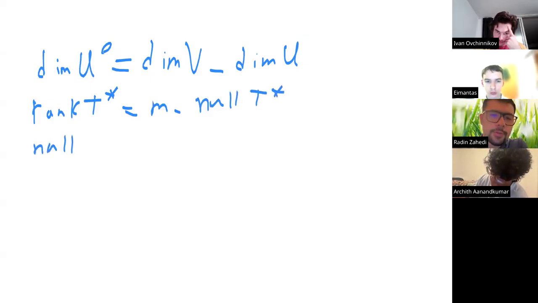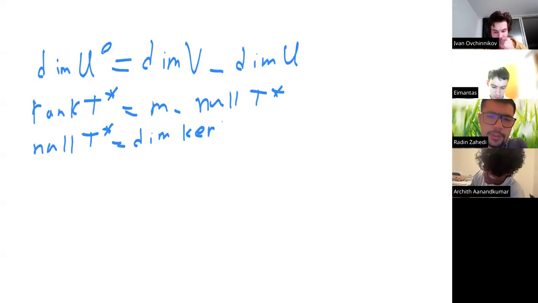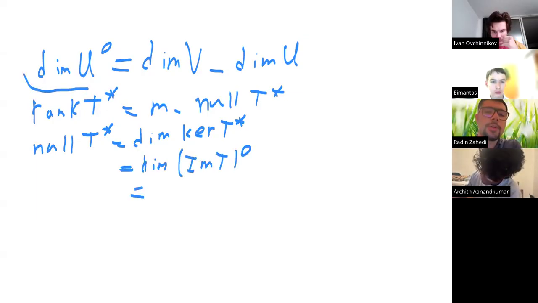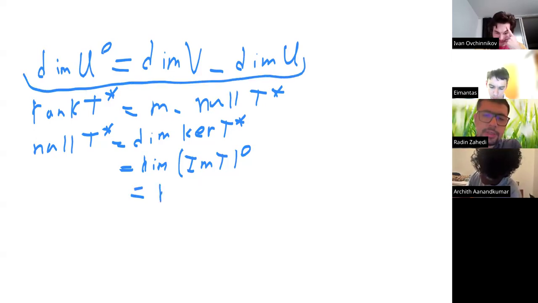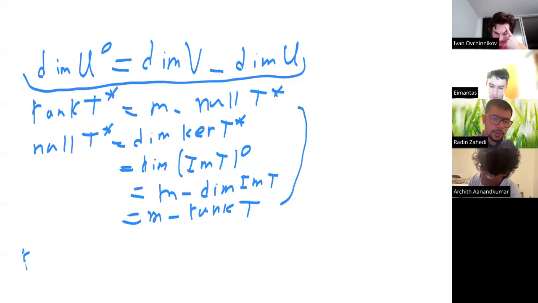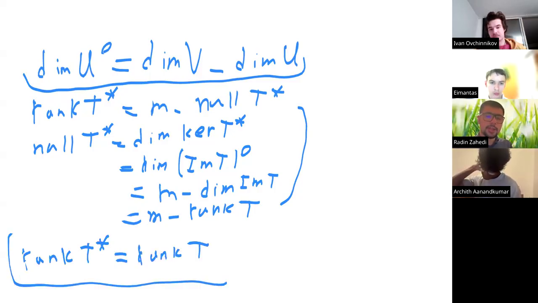The nullity of T star was by definition the dimension of the kernel of T star, which was the dimension of the annihilator of the image of T, which is, by our new lemma, just m minus the dimension of the image of T, which is just m minus rank T. So combining these two results together, we find that the rank of T star is just the rank of T. That's, I think, a very important result.